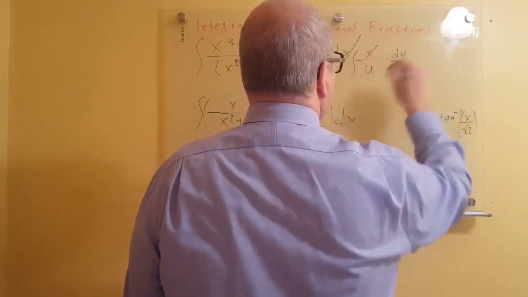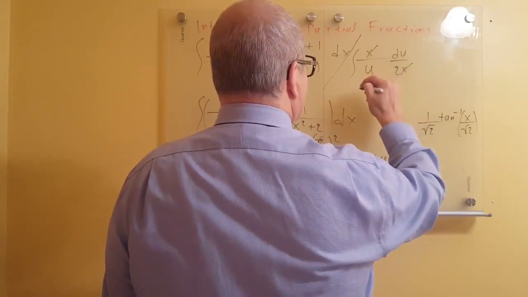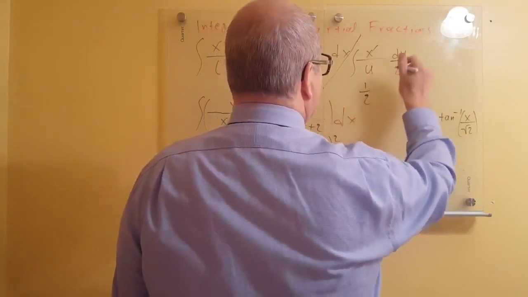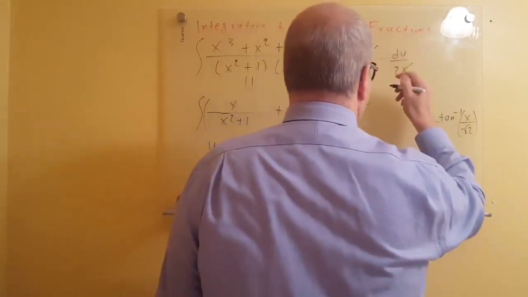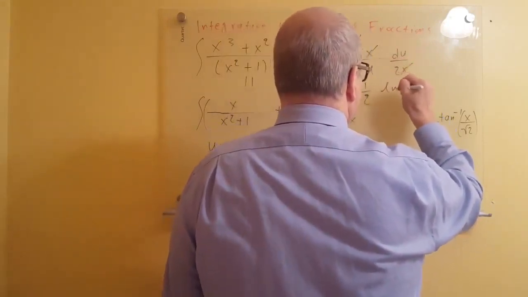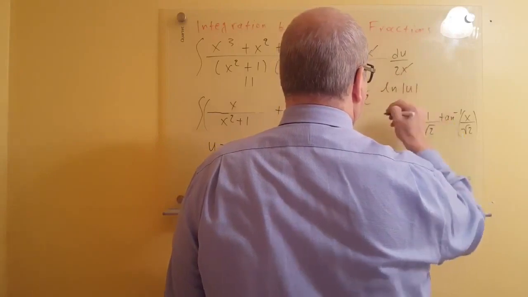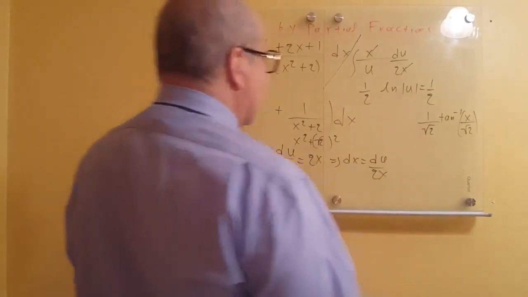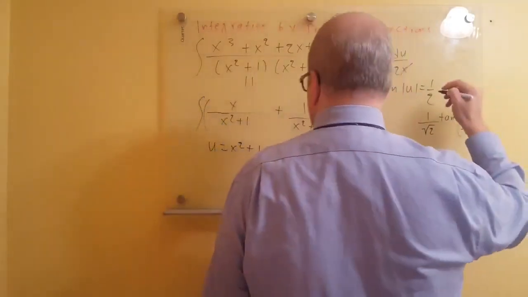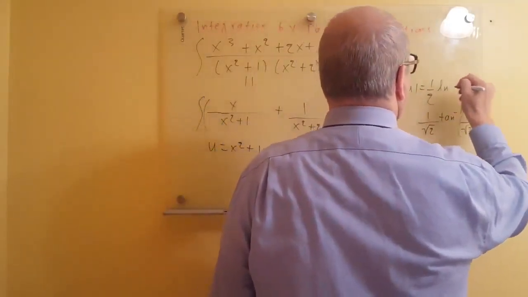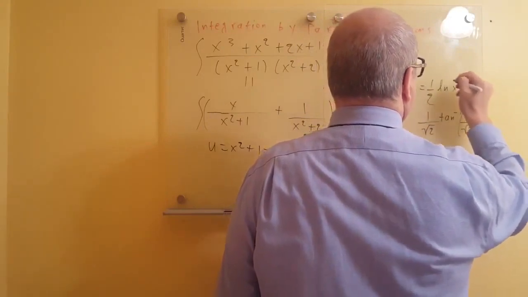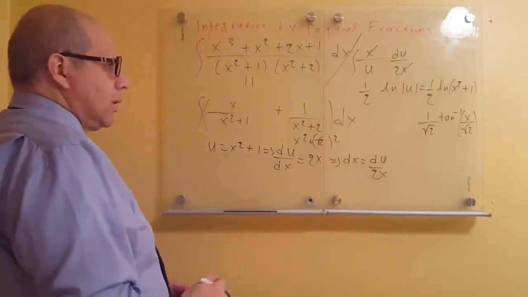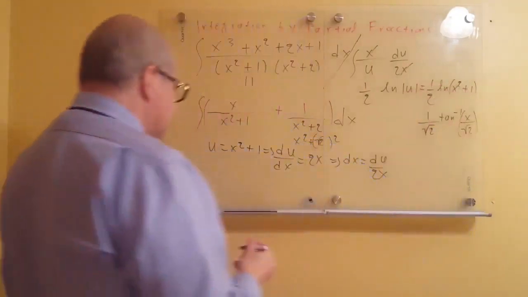So now the integral with respect to u, we bring the 1/2 outside, and the integral of du over u is ln of u, which in our case will be 1/2. We go back and substitute the x squared plus 1, and that should be ln of x squared plus 1. Of course, you don't need the absolute value anymore because this is always positive.